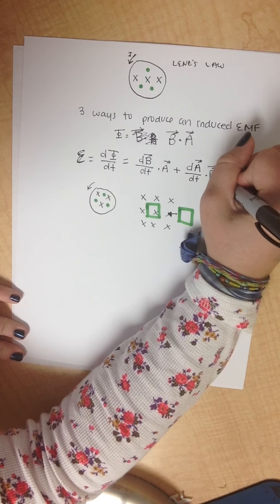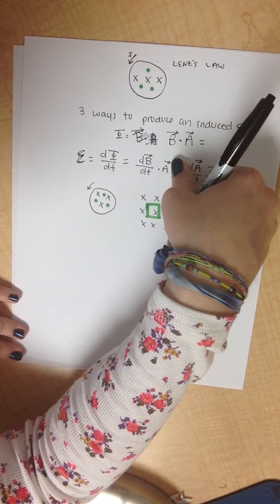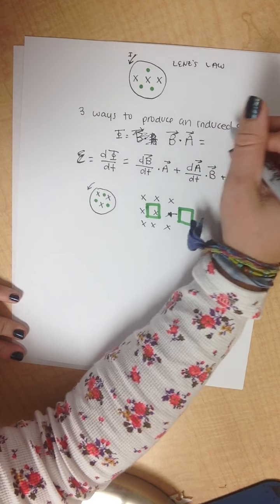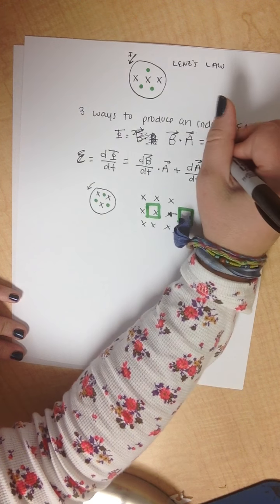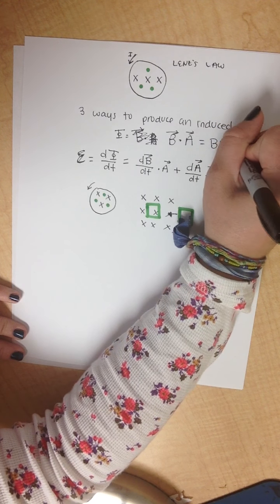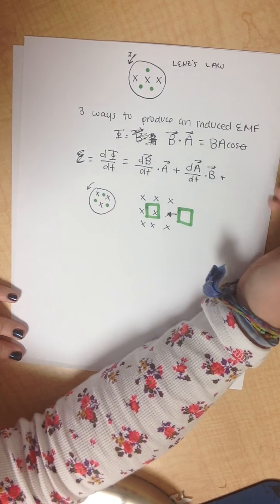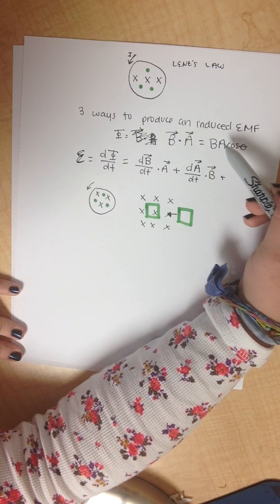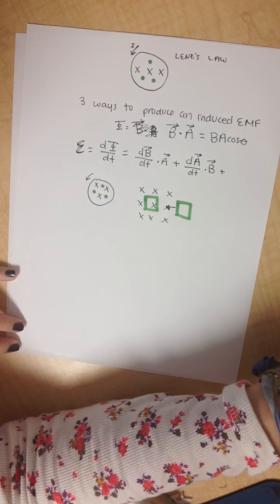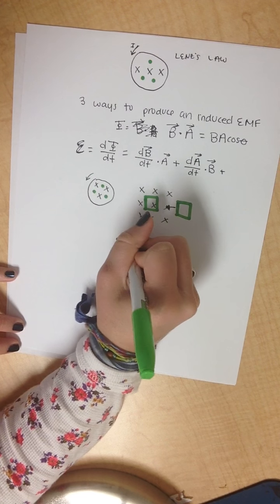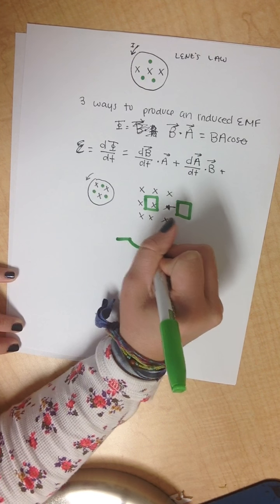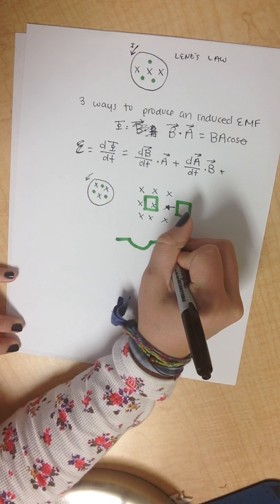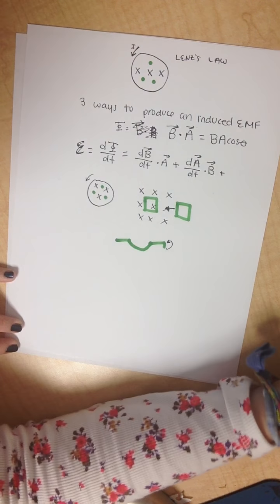Now, in order to get the next one, we need to go up here to the original equation for magnetic flux. We know that the dot product is just these two times the cosine of theta in between them. So this is just BA cosine theta. So the next one is a change in theta, which would affect both the magnetic field and the area. So say we have some device that has a little half circle on it that has a crank arm, and this crank arm moves this and spins it at a certain frequency.